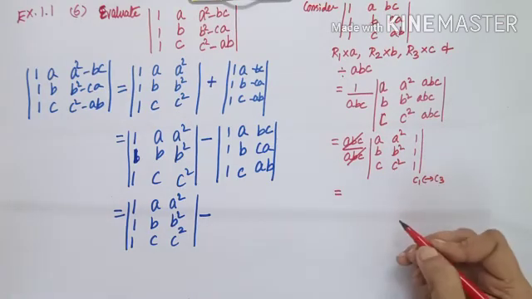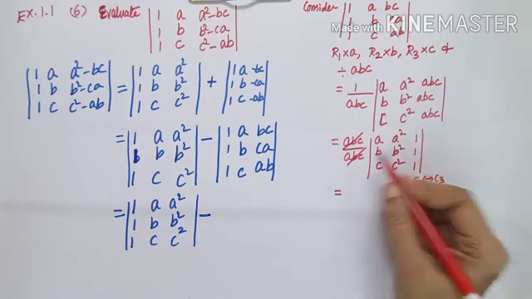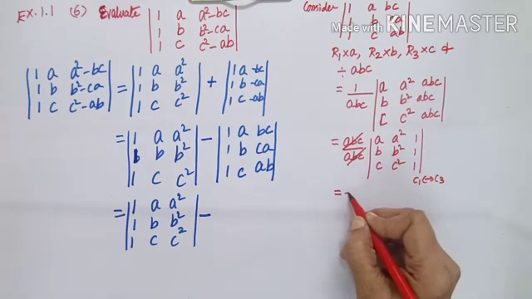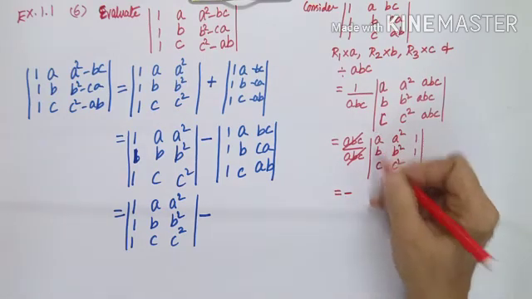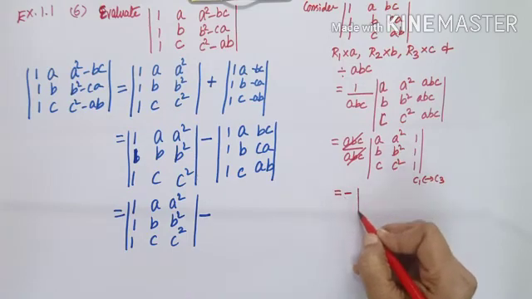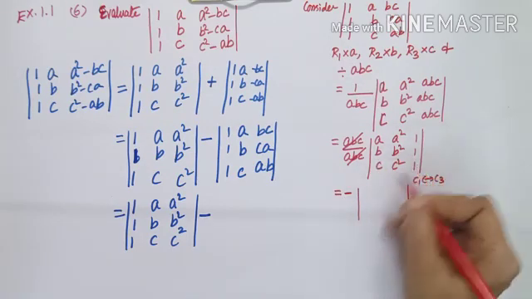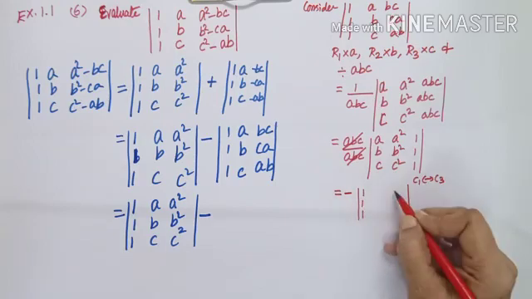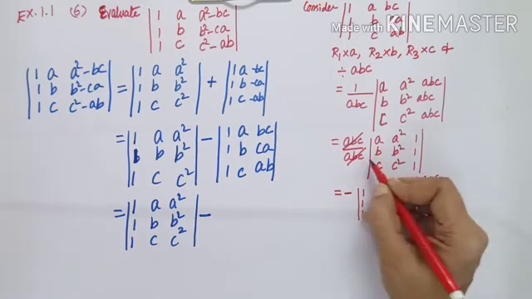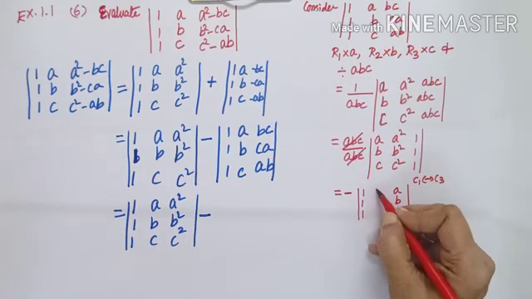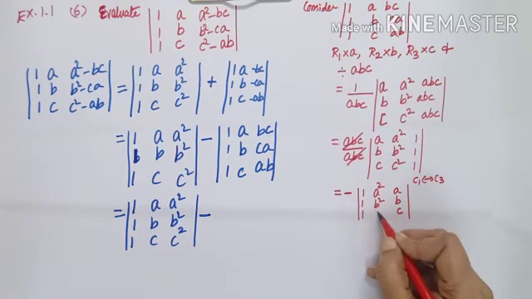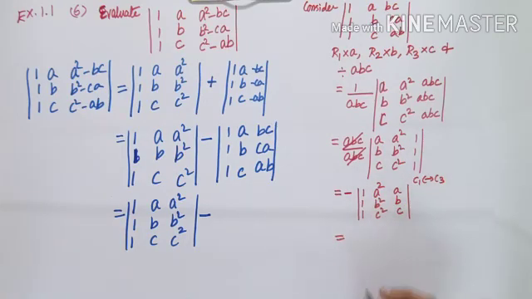And we learnt a property. Whenever I interchange, symbol changes. So this determinant, I put minus symbol. C1 and C3 interchange. So here I get 1 1 1. Here I get ABC. The middle column, no change, write as it is. The next step, compare these two.